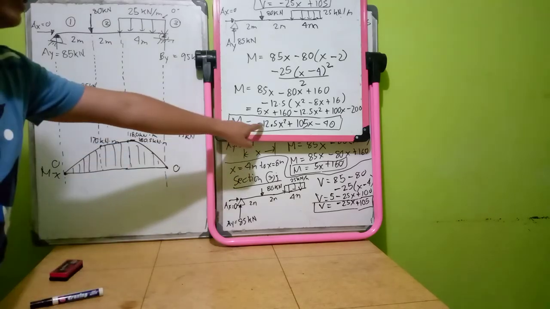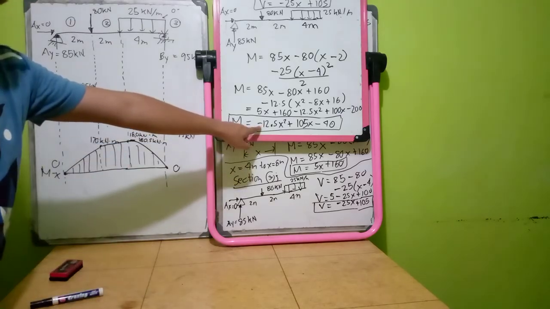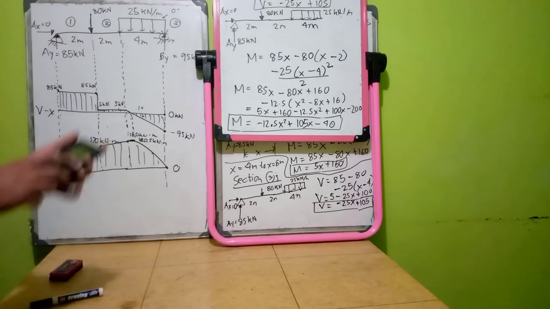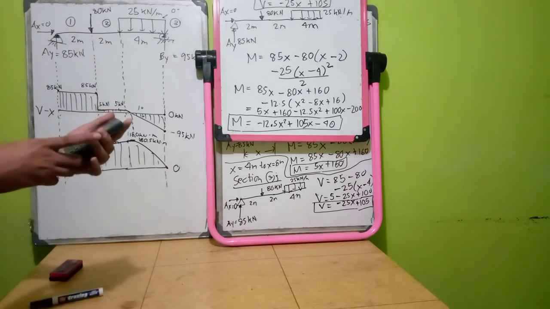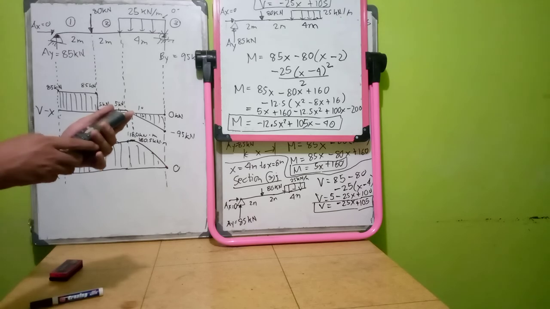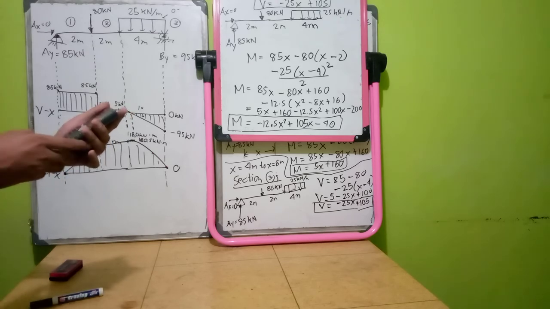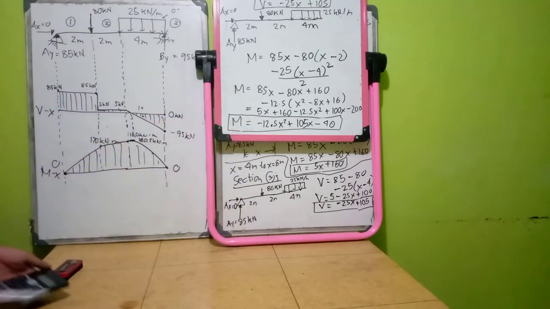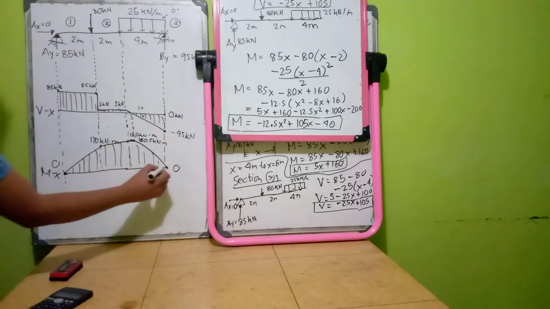So this formula should have 0 value at x equals 8, since the length of your beam is 8. So let's try negative 12.5 times 8 squared plus 105 times 8 minus 40. Since it equates to 0, our shear and moment equations are correct.